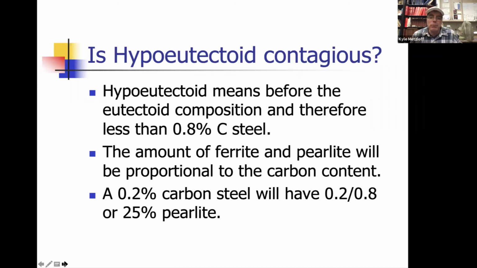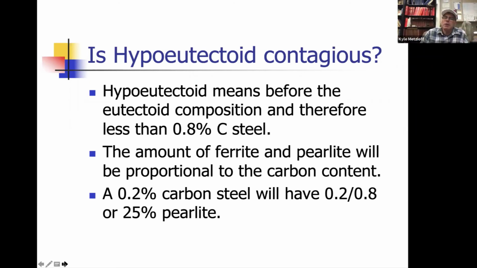Iron is like that with carbon when it's cooling, making perlite. What it does is make perlite, and remember, what's the average composition of perlite? 0.8%. So it takes all the carbon it has and makes perlite out of it. Then it doesn't have anything left, and it's all ferrite left over. So when you look at the microstructure, you're going to see areas where there's perlite and then areas that are nothing, just ferrite.